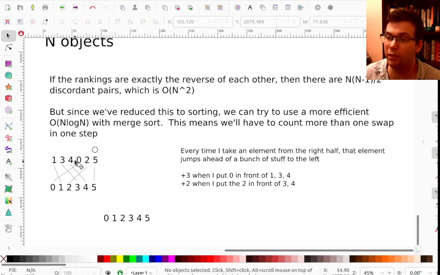Every time I take something from the right half and it jumps the line in front of greater things to the left of it, I count the equivalent number of swaps that insertion sort would have made there. And the reason that's more efficient is because I can count them all in one step.